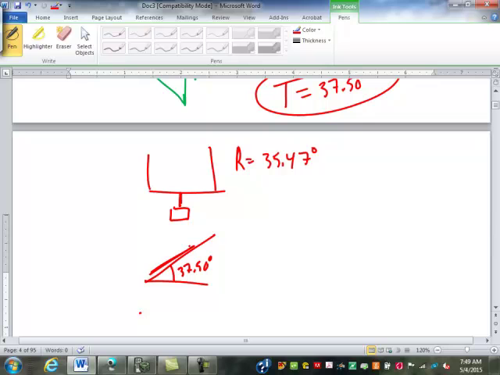And then on this surface, to line that piece up, if we're looking at it from this side, it is going to have to be rotated 35.47 degrees on the bottom to make that edge line up. You get confused, Jason? You okay?